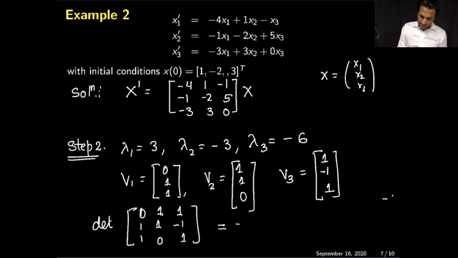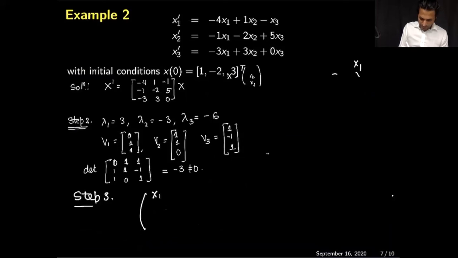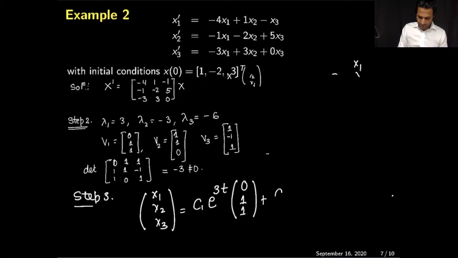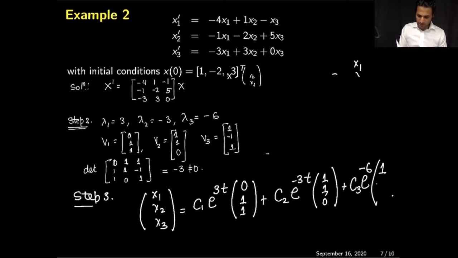The determinant of this matrix is -3, which is non-zero. Therefore, we write down the solution (x1, x2, x3) as c1 e raised to the power of the first eigenvalue 3t, multiplied by the corresponding eigenvector (0, 1, 1), plus c2 e raised to the power of -3t with the eigenvector (1, 1, 0), plus c3 e raised to the power of -6t with the eigenvector (1, -1, 1).